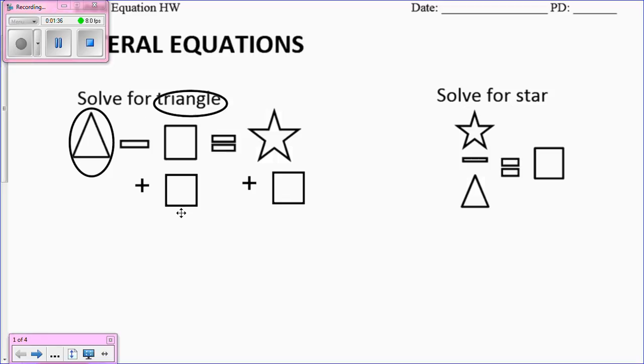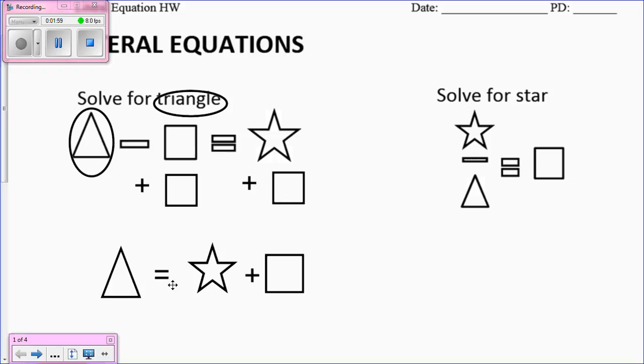Now, the minus a square and the plus a square will cancel each other out. So that leaves me with the triangle. And on this side, I have a star plus a square. Now, I can't combine these. These are not the same shape. They're not the same variable. So the best I can do is leave it as is.